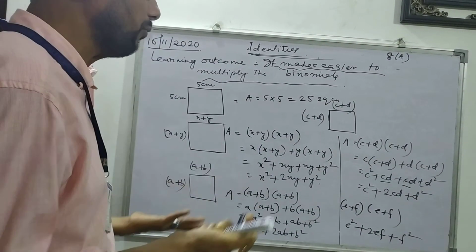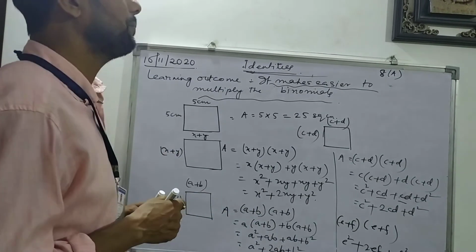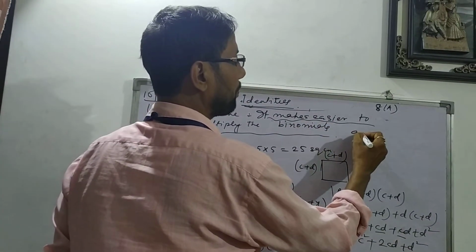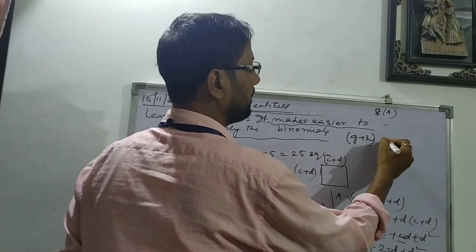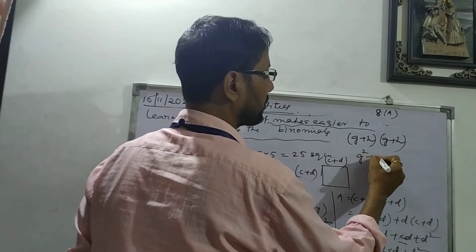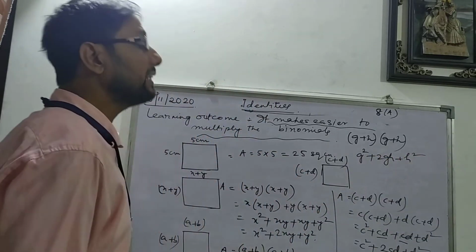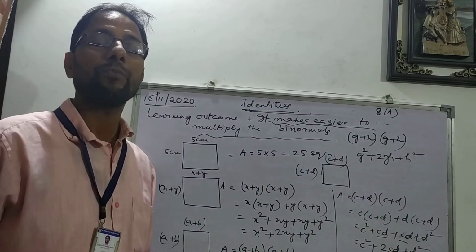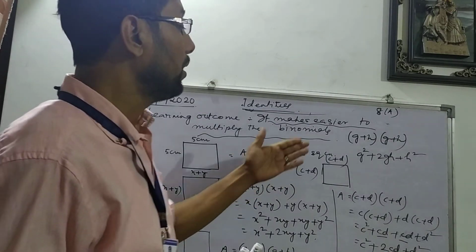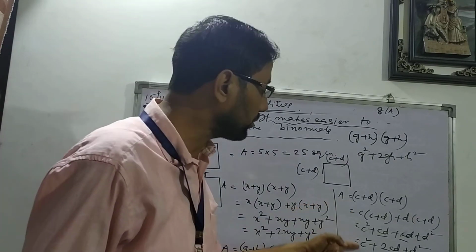Now if I give you one more, g plus h multiplied by g plus h, then directly you can write g square plus twice gh plus h square. So these are called identities, where directly we can write the product without doing those steps.